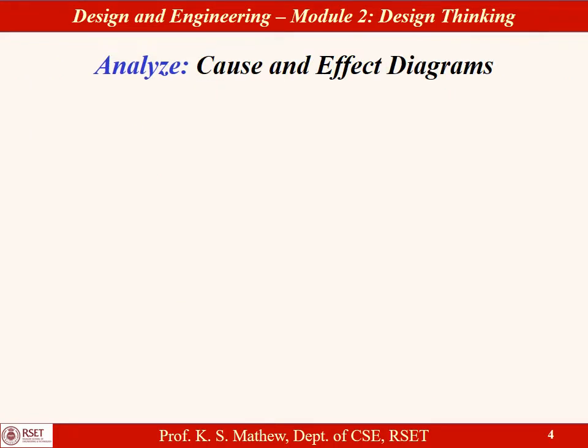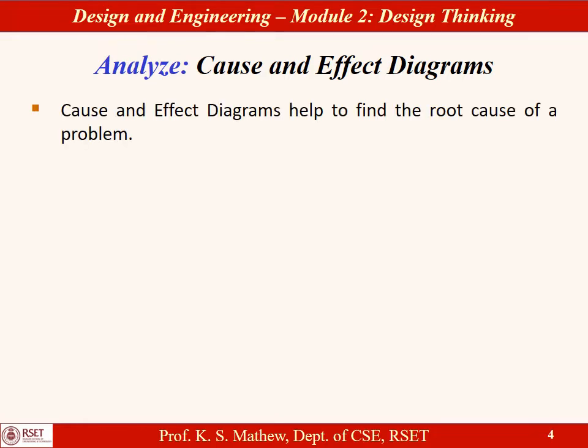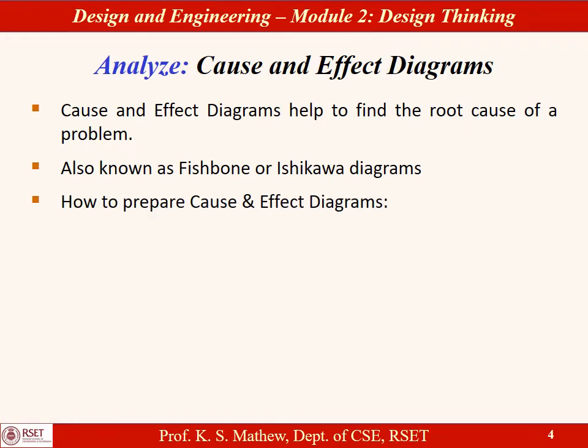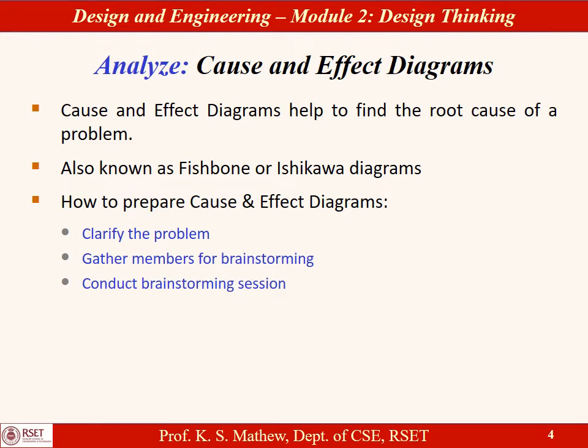The second tool used for root cause analysis is called the cause and effect diagram, used to find the root cause of a problem. It is also known as the fishbone diagram or Ishikawa diagram. I will explain this tool with a simple example. It starts with a brainstorming session, and the facilitator will clarify the problem to be analyzed for root cause.